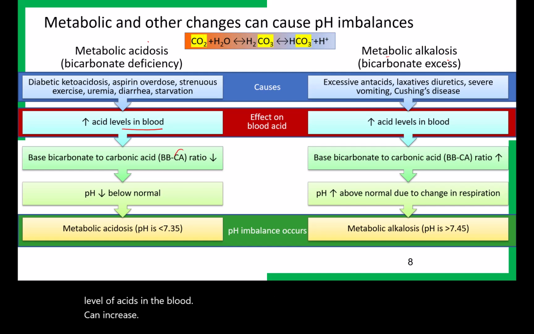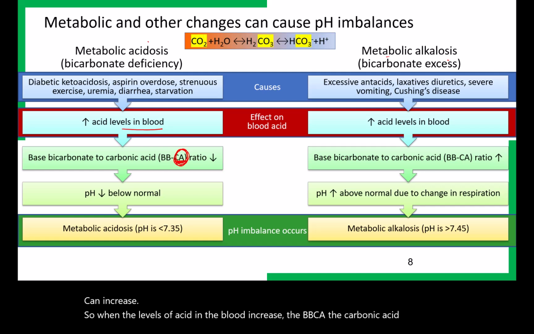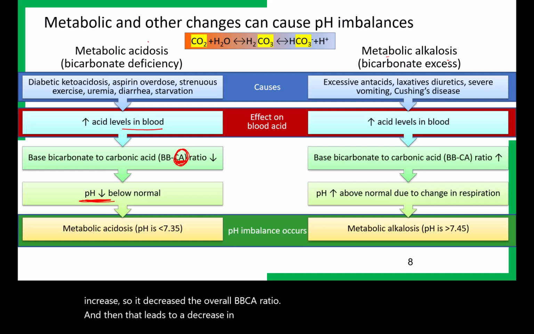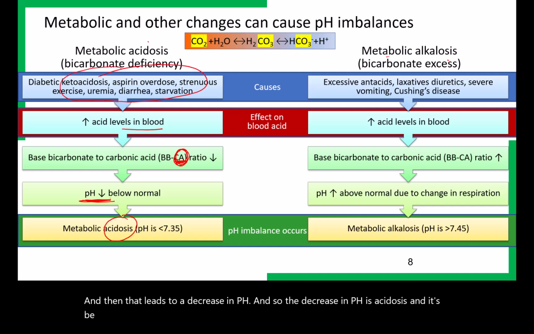So when the levels of acid in the blood increase, the carbonic acid levels increase, so it decreases the overall BB to CA ratio. And then that leads to a decrease in pH. And so the decrease in pH is acidosis, and because it's due to changes in metabolism or other changes, it's called metabolic acidosis.